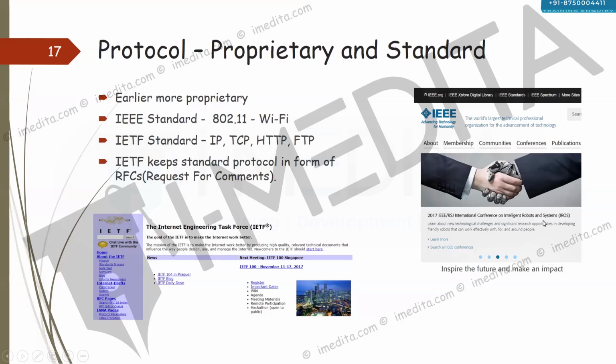If you Google the information around IETF or IEEE, you can easily get it. The technologies like 802.11, which is a wireless technology, fall under the IEEE standard, whereas the open source protocols, the standard protocols, fall under the IETF.